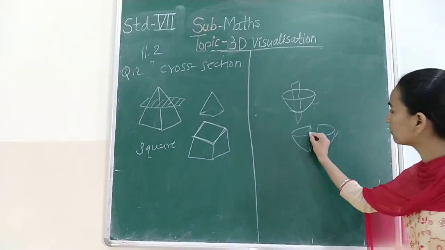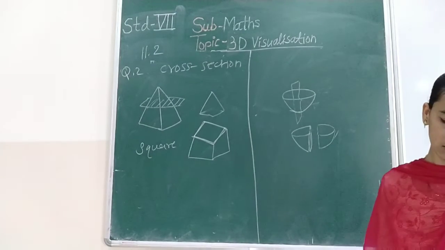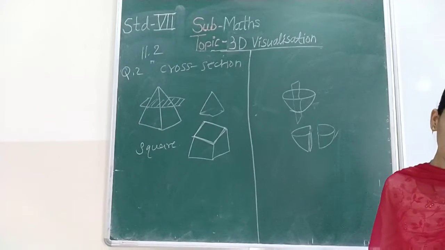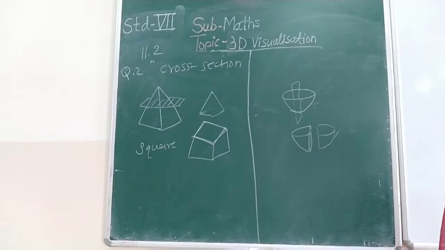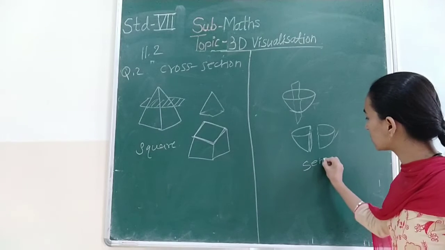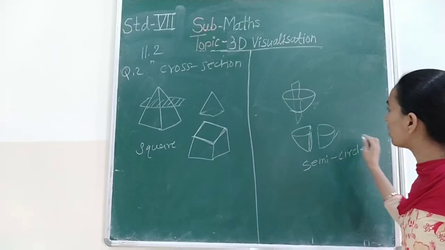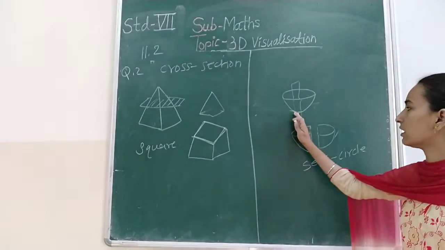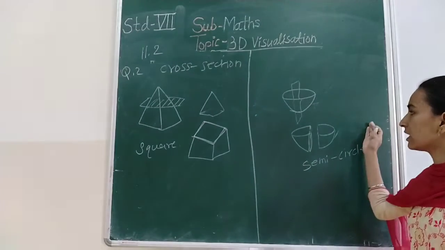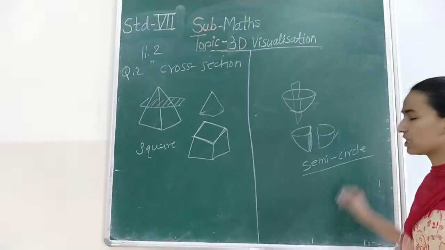It shows a semicircle, sorry, not hemisphere, it shows a semicircle. Semicircle means a half circle. So the cross section shows a semicircle. When we cut it vertically, two parts we get, and this half part shows a semicircle.